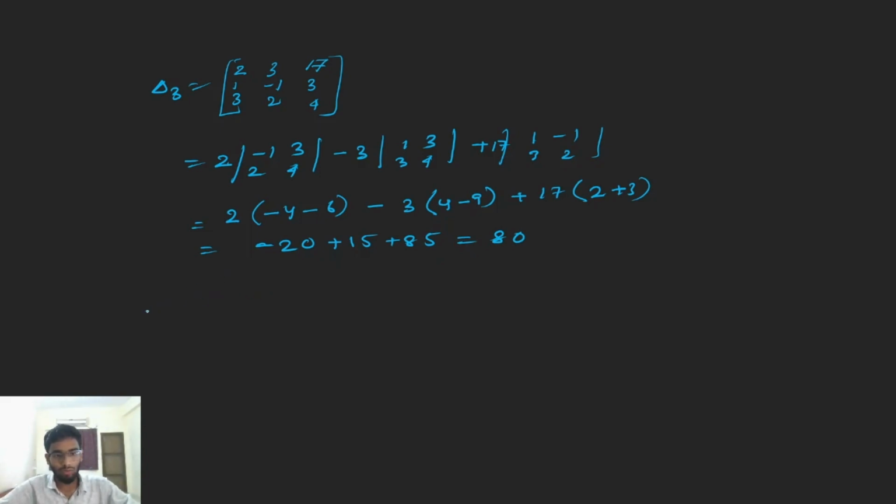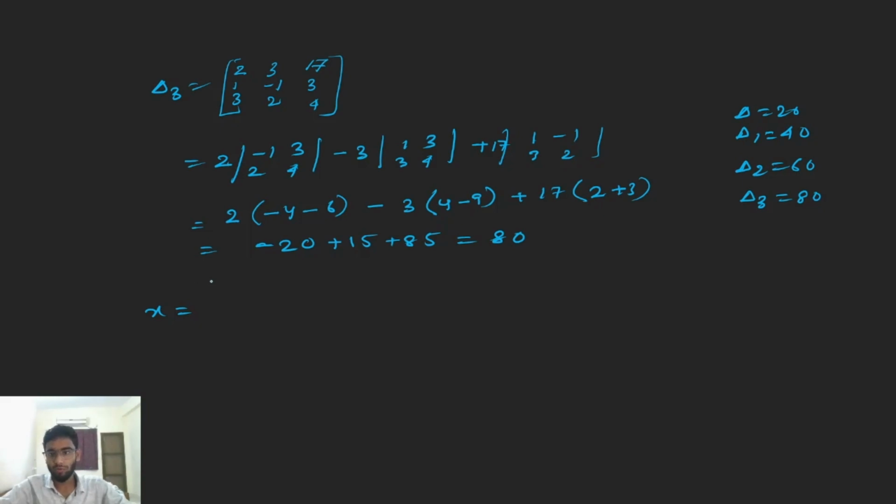So clearly now the value of x is nothing but what we have calculated till now. Del is calculated as 20, del 1 is 40, del 2 is 60, and now we have calculated del 3 which is 80. See, it's very simple.